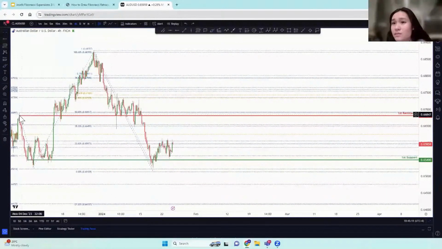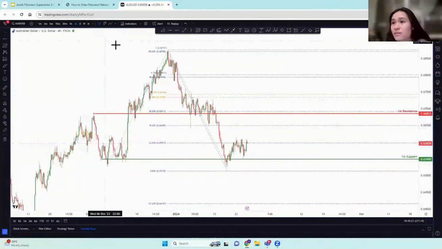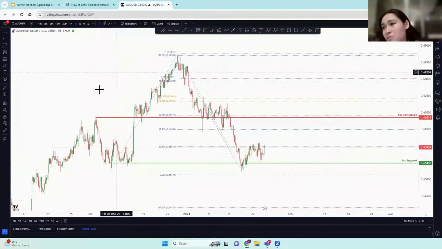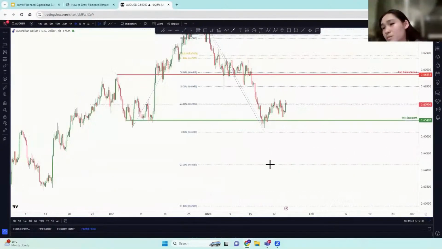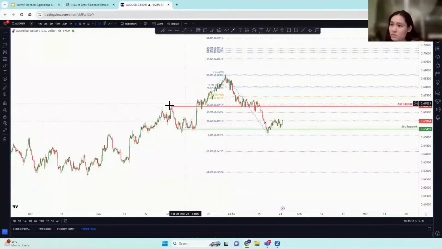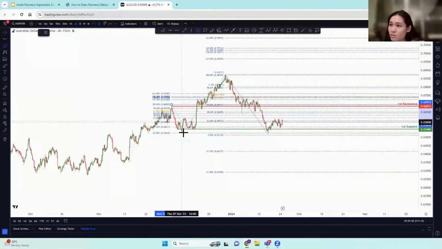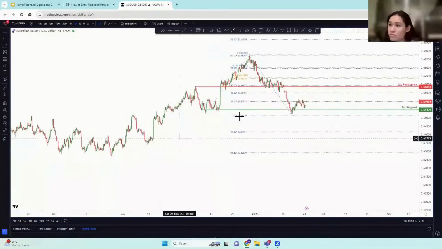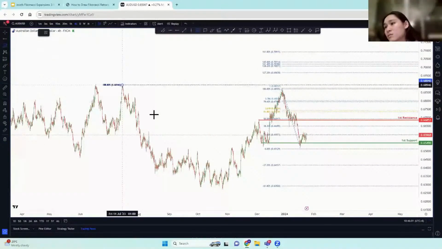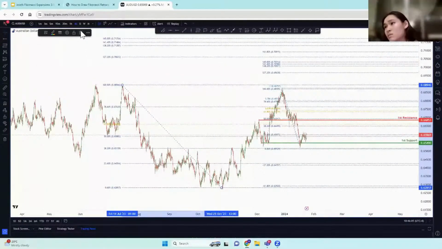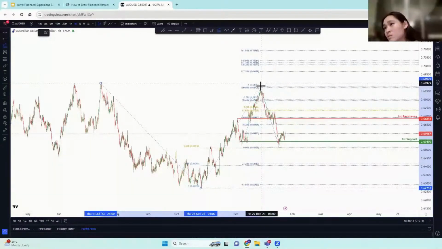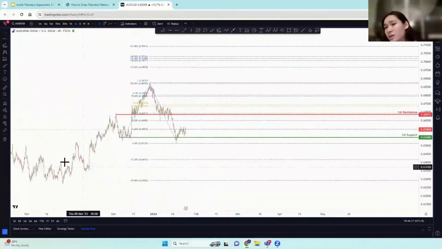Okay. I think that's all the levels that we have in this case.